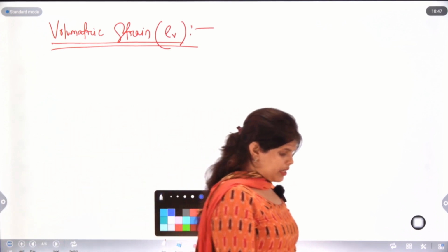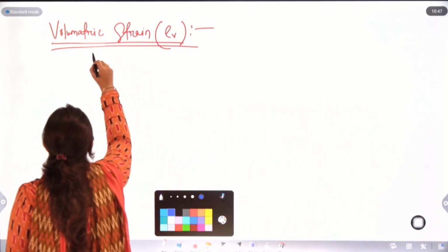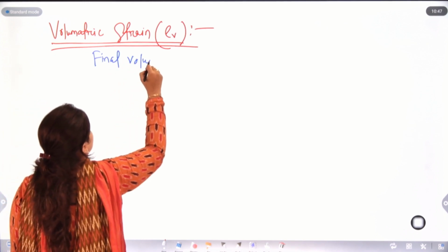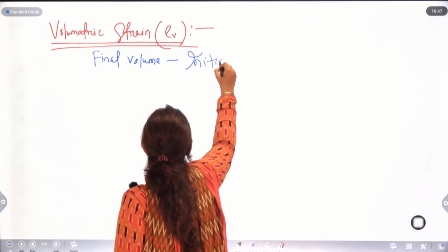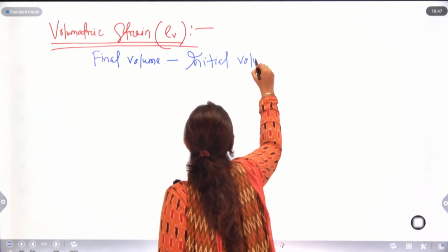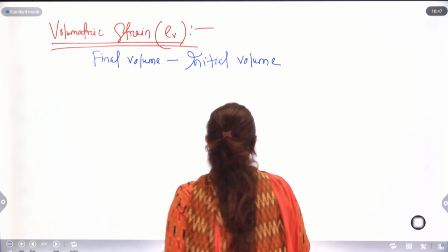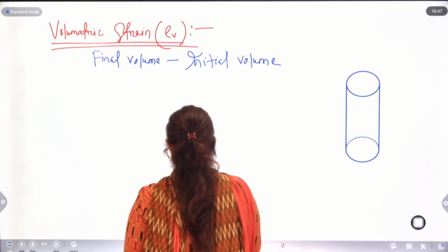Volumetric strain is the final volume minus initial volume, divided by initial volume. Here is your thin cylinder.